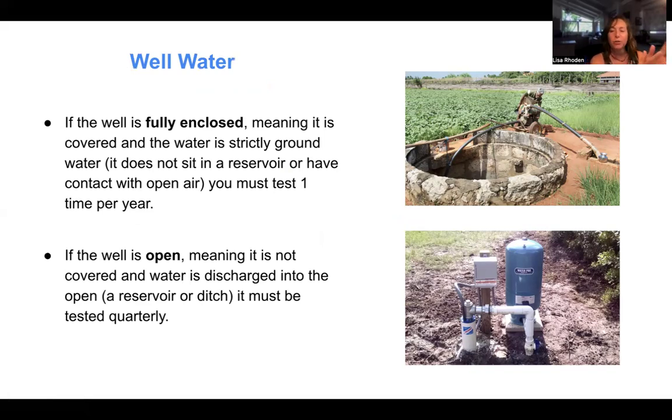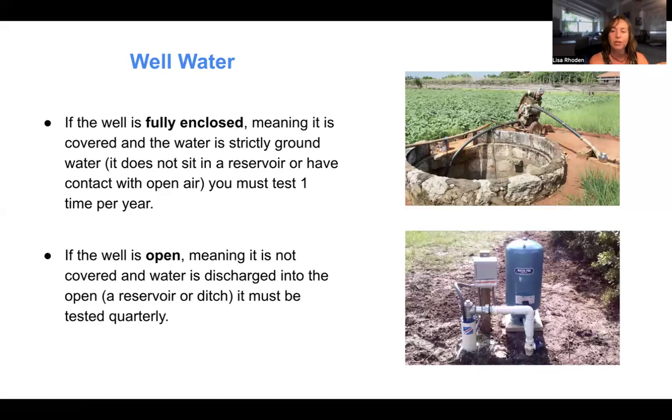Well water, so 2 ways to look at well water. If the well is fully enclosed, which means that it is covered and the water is strictly groundwater, it comes from the well and goes directly out to irrigate without being open, doesn't sit in a reservoir, doesn't flow through a ditch, for example, then you are allowed to test it only once a year.